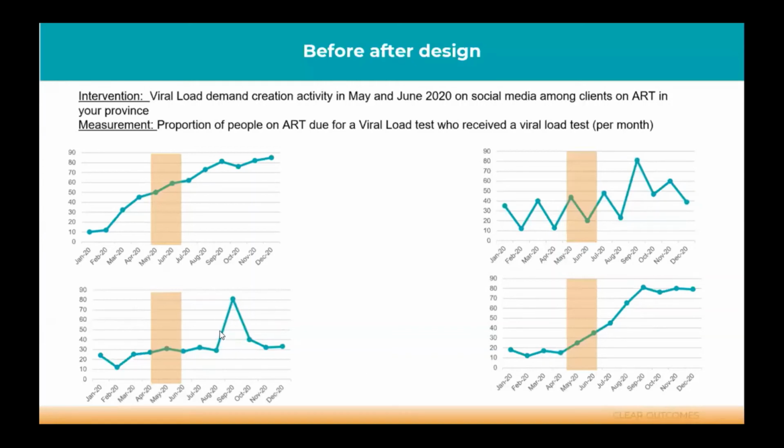I think here, this first example, I doubt that there was a change. Here, the change may have occurred in these two instances because of the intervention, but it wasn't sustainable. And here you see actually a change that is consistent with the time, but it's also sustainable.